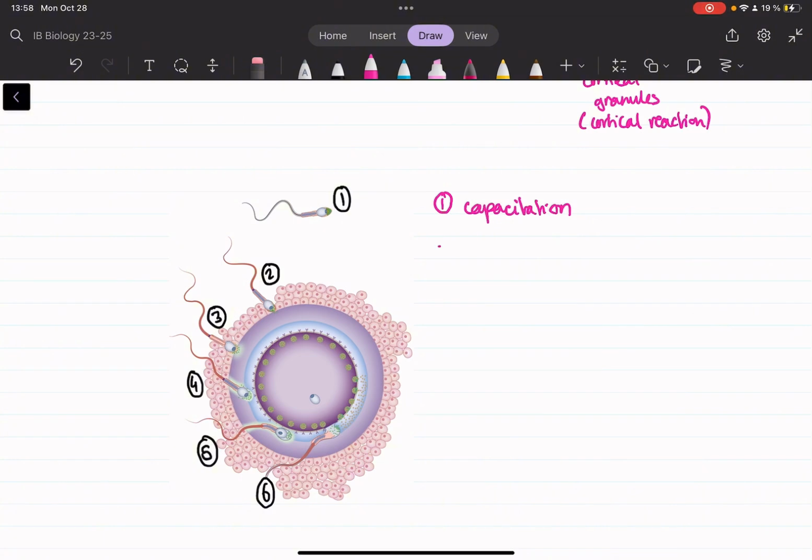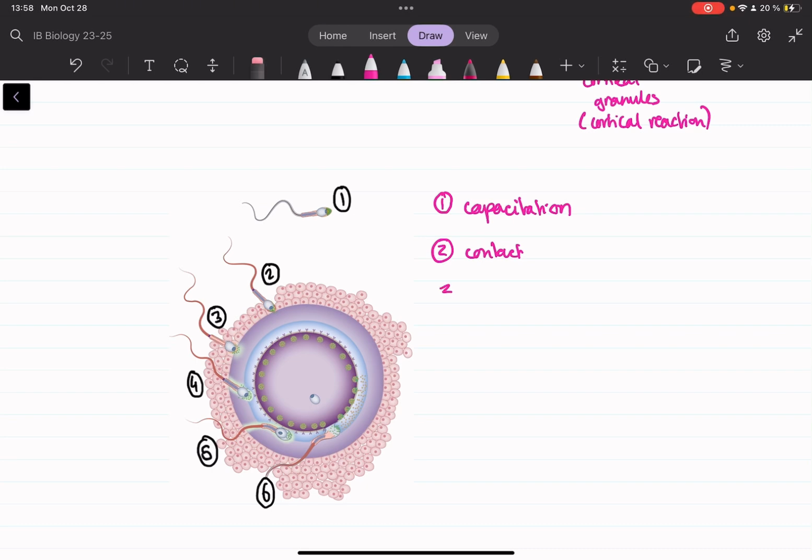So then we've got the second one, which is contact. And this is just the sperm making contact with the egg and going through the follicle cells and then making contact specifically with the zona pellucida.